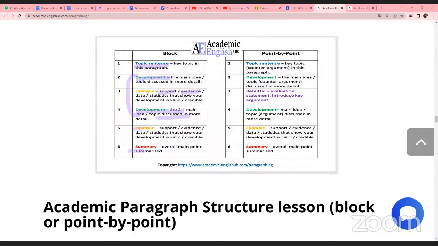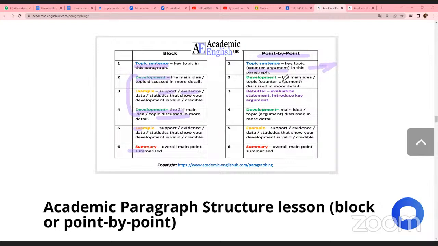Okay, so in point by point, it means an argument, we have to discuss something, we have to say the argument, right? For example, the key topic, a counter argument in this paragraph, okay? So what is the thing that you're going to discuss?